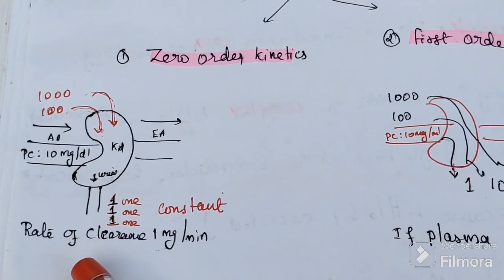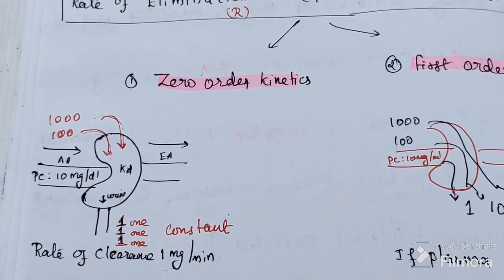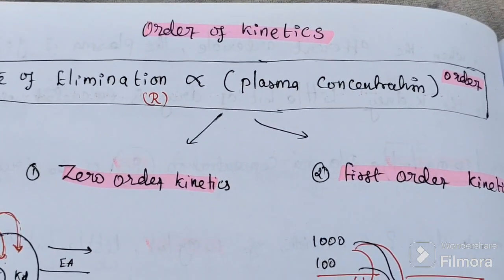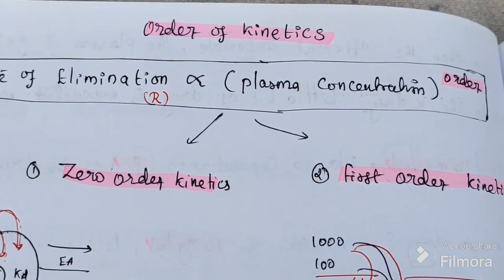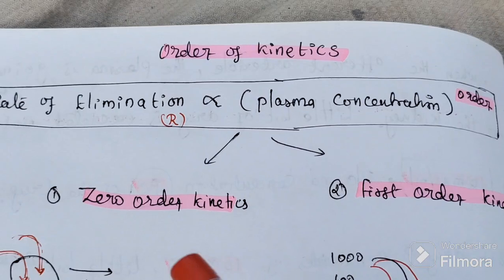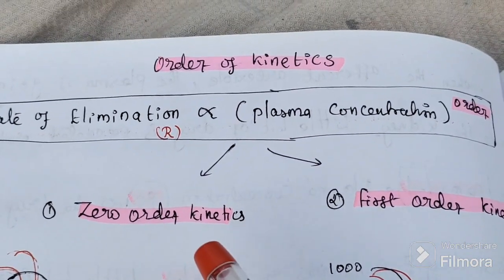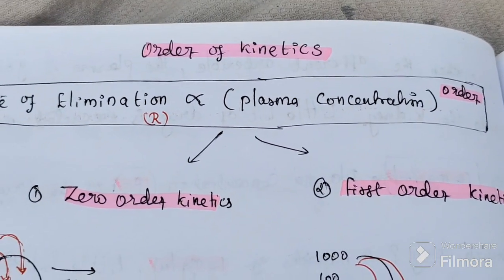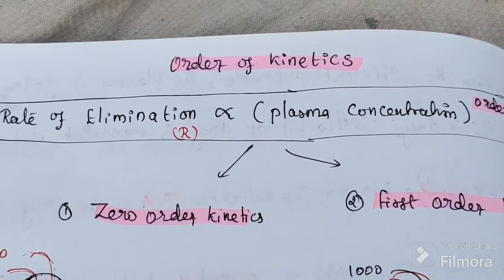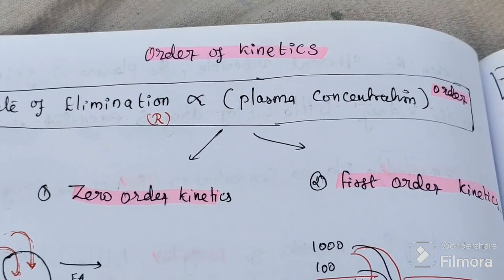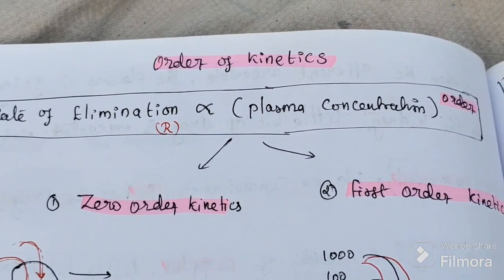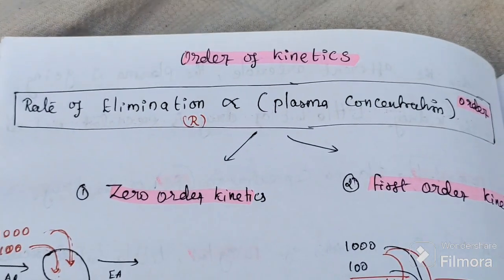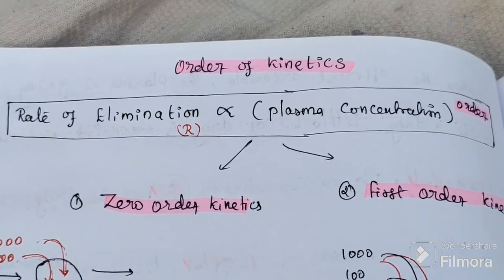All drugs follow one of the two orders of kinetics, either zero order or first order. Some drugs follow zero order, some follow first order. What is the meaning of that? Practically, how is it important for us to understand this?